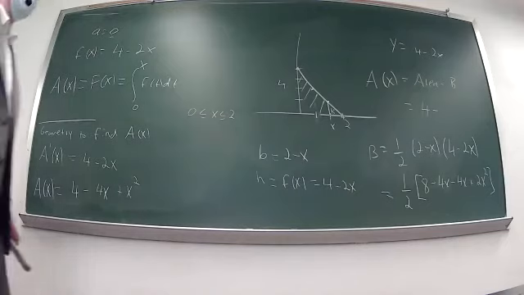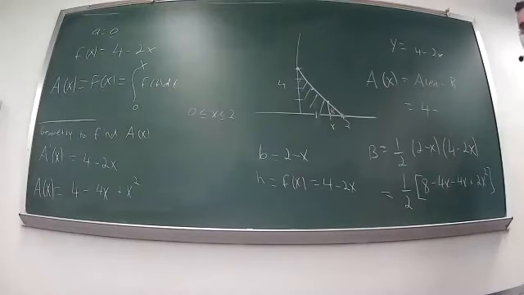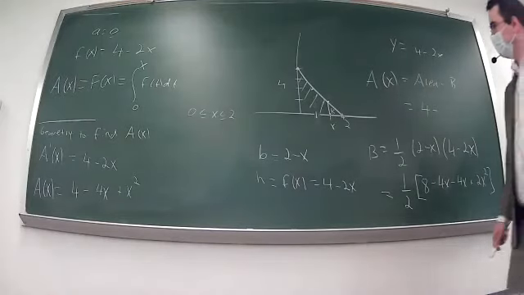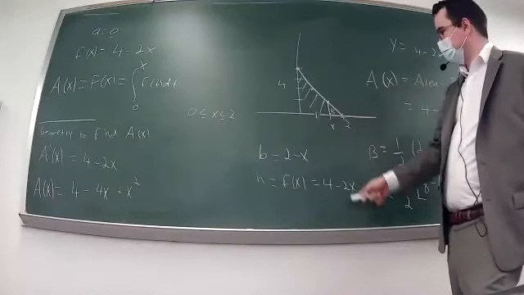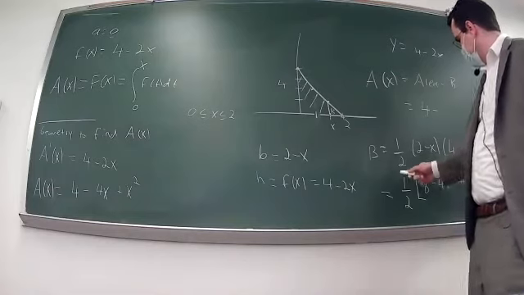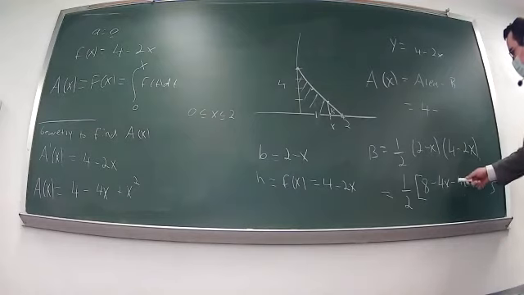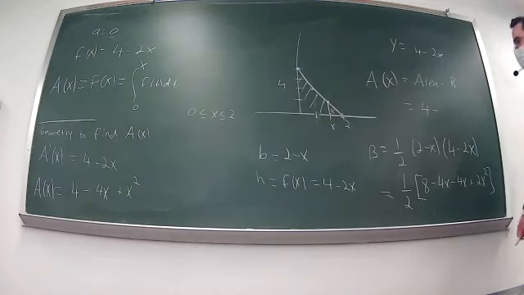Do I have my signs messed up? My signs are a little bit opposite of what they should be. This base is 2 minus x, and the height is 4 minus 2x. So half of base times height. It looks good.